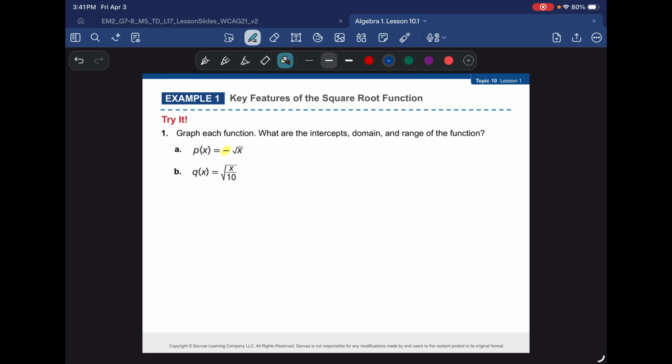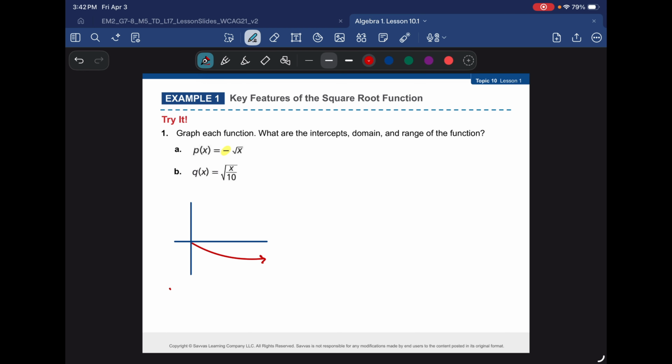So we can draw a rough sketch of what the graph would be for part A, that instead of being positive values, our square root function reflected over the x-axis would be like this. So now, what are the x-intercepts, the domain, and the range of this function?